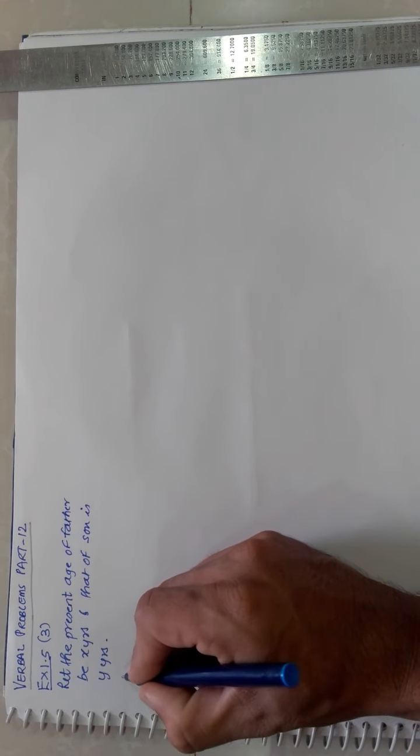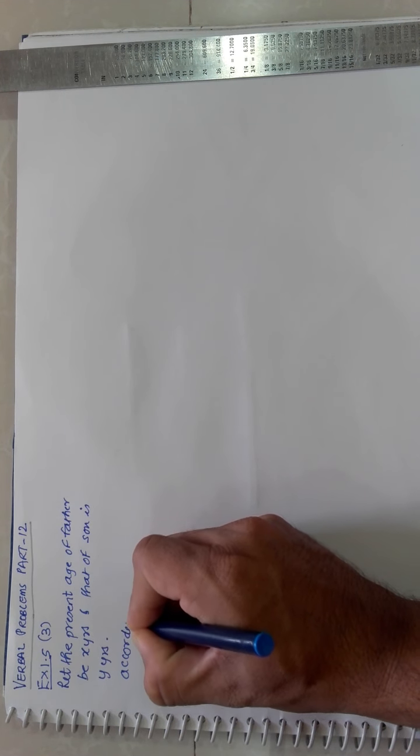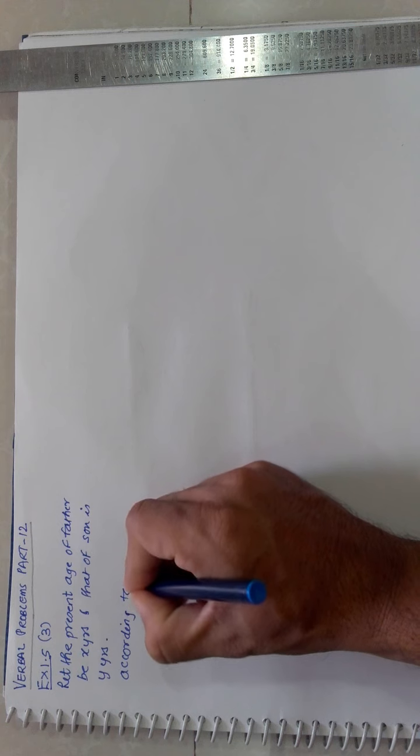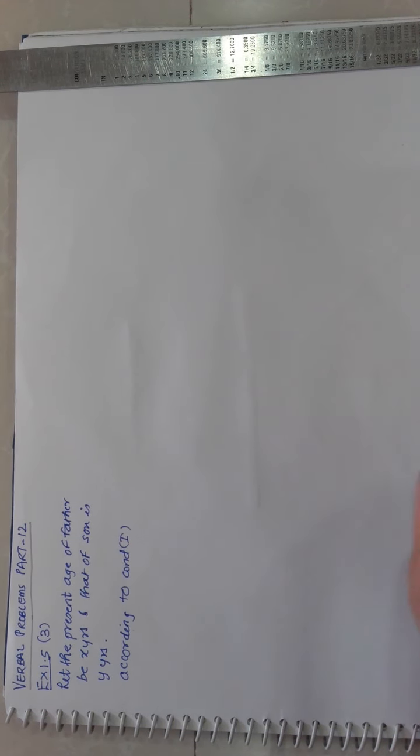So I will say here, according to condition 1, it says the sum of father's age, that means in father's age I have to add something, and twice, means 2 times, the age of his son is 70.